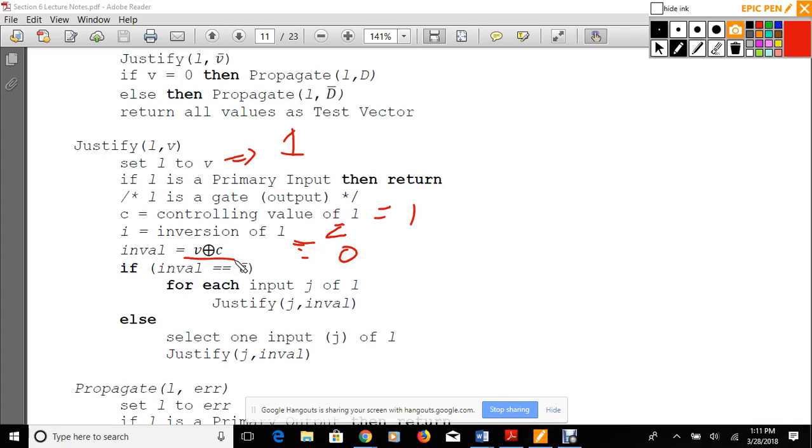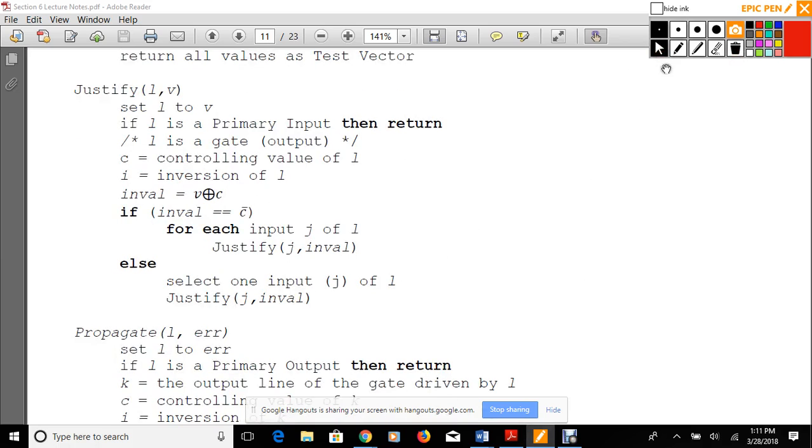V XOR C is 1 XOR 1, which is 0, which means the invalid does not equal C. And therefore we know that we have a controlling line, and we can propagate that circuit. We can continue. Okay?